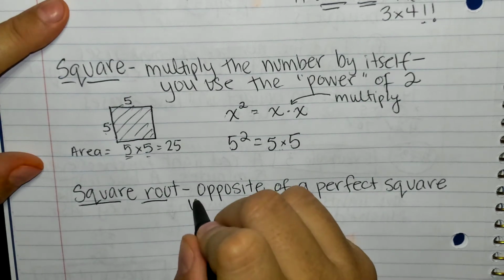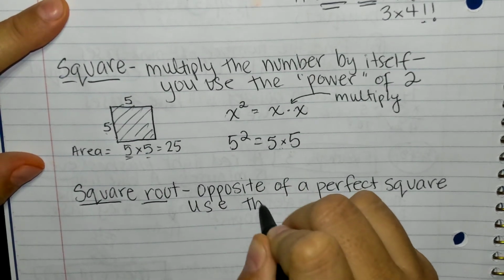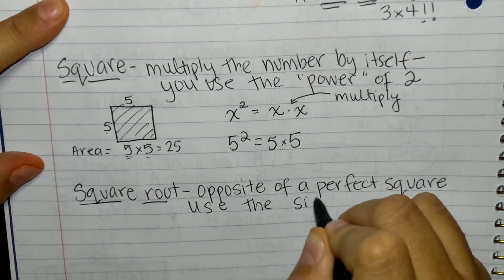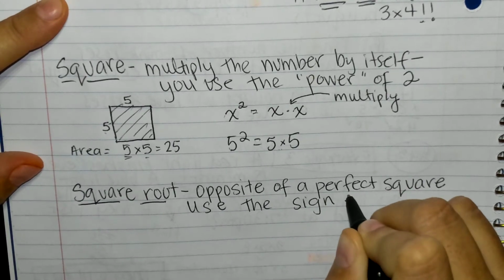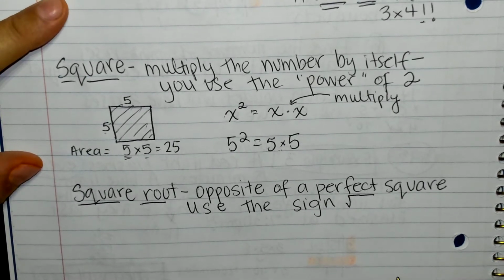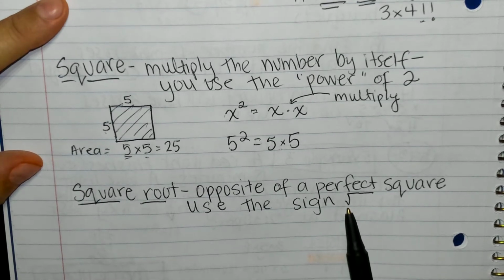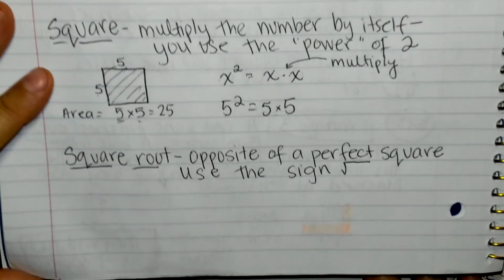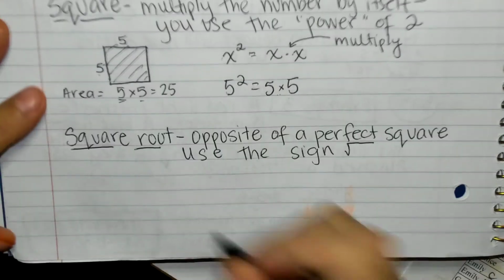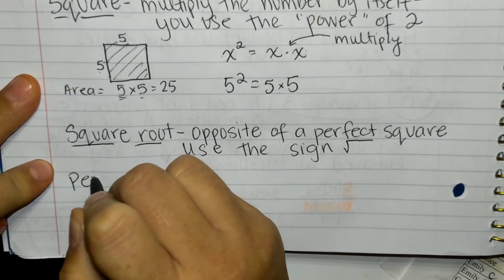And we use the sign, I think it's called a radicand, but this is the sign for a square root. So, perfect square.